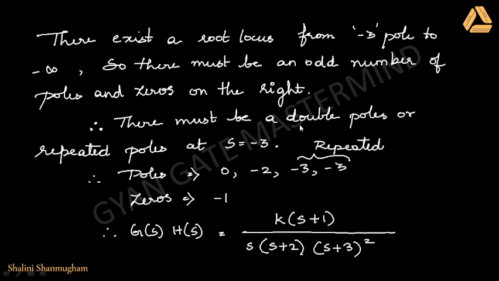Therefore there must be double poles or repeated poles at s = -3, which implies that the poles are 0, -2, -3 and again -3, and the zero is -1. From this, just substitute in the open loop transfer function, you will get this equation. Hence solved. Thank you.